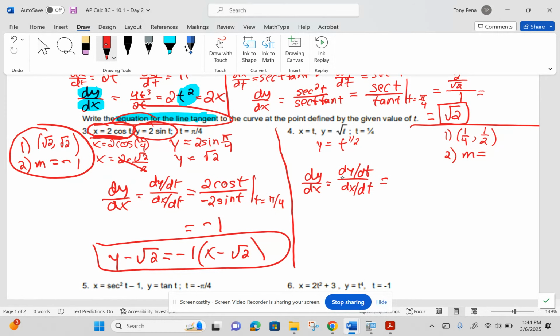So when we take dy dt, it should be 1 half t to the negative half. The derivative of x is just x equals t, so that's just going to give you a 1. I'd clean that up first. So this is really 1 over 2, so 1 half, and then a root t in the denominator.